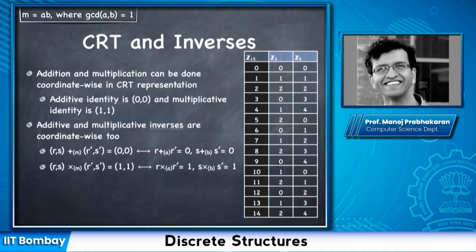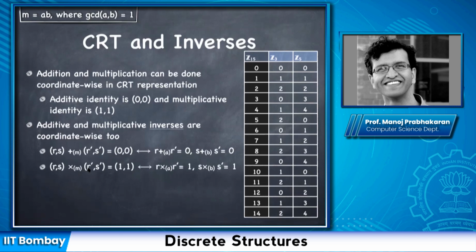And similarly, you find multiplicative inverses. Well, multiplicative inverses don't always exist modulo some integer m, but when they do exist, suppose (r, s) is the CRT representation of a number which has a multiplicative inverse. Then let's find out what that multiplicative inverse is.